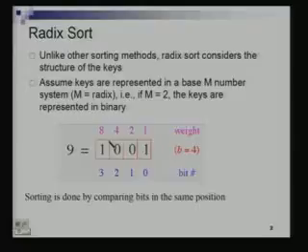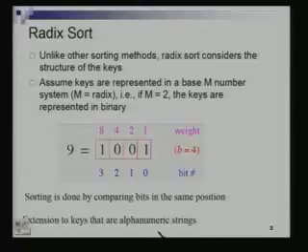In radix sorting, the sorting is done by comparing bits in the same position. So instead of comparing 9 with 11, we are not going to compare 9 and 11, we are just going to compare the bits in 9 and 11, let us say the bit at position 3. We will see all of that in a second.